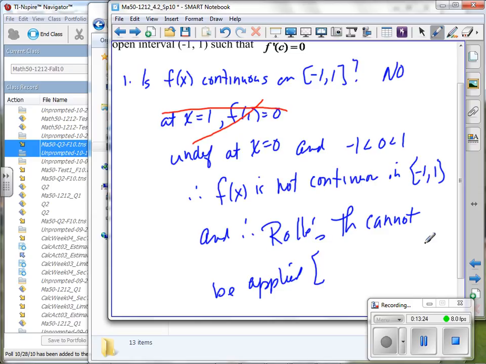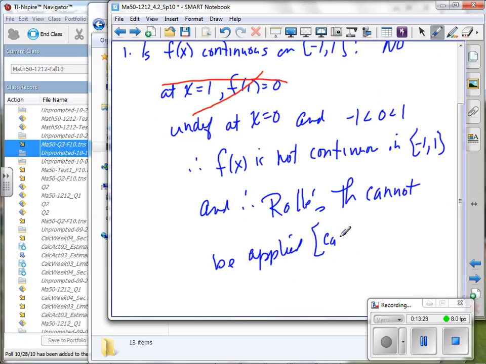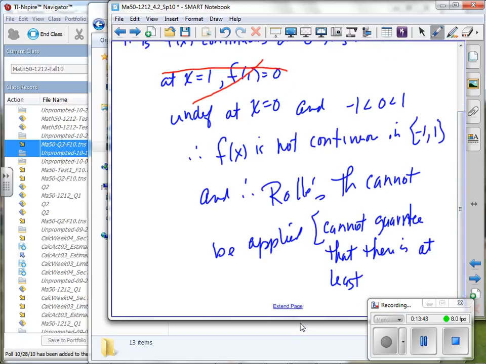If Rolle's theorem cannot be applied, it means we cannot guarantee what? Okay. How about just saying we cannot guarantee that there is at least one extremum? That works too. Okay, either way you said it.